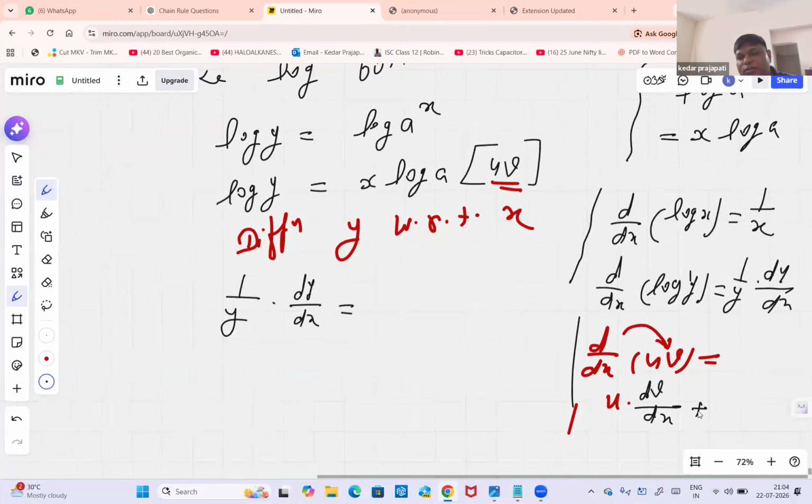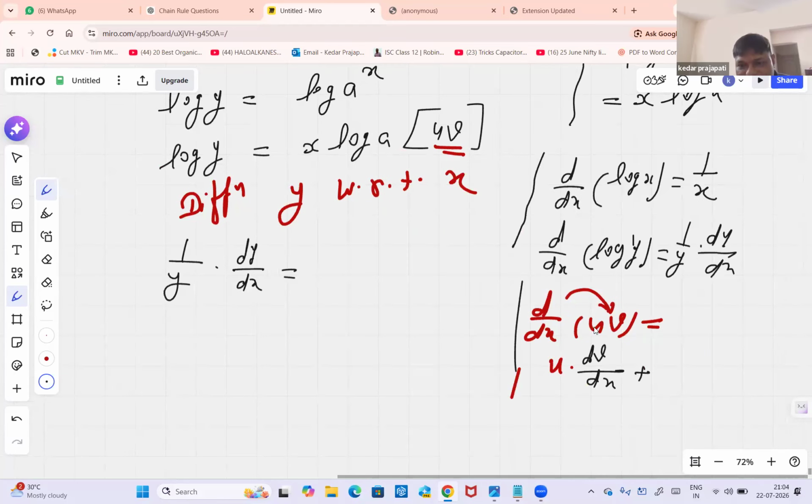This is the product rule. Plus, suppose you have taken u first, now you have to take v and differentiate u. Clear? Yes. Okay. So we'll apply that here.